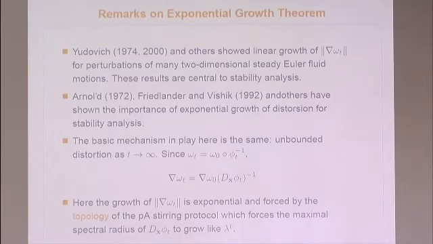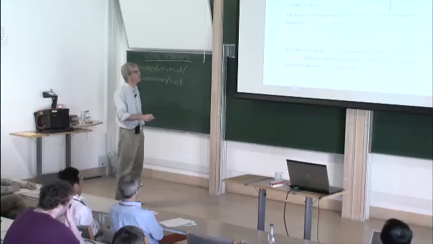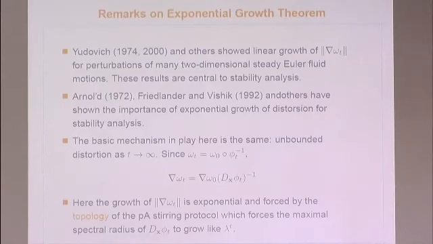If you see what this is doing on the analytic level, excuse my notation, this is how I would write it. This is the derivative of the Lagrangian advance map, and this is how the gradient of the vorticity is transported. We're stretching things exponentially, so the spectrum of this is growing exponentially. In another direction, it's shrinking exponentially.